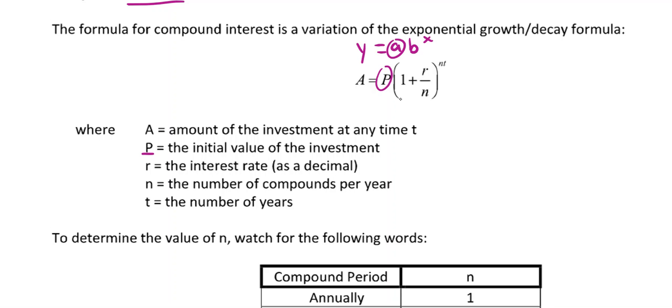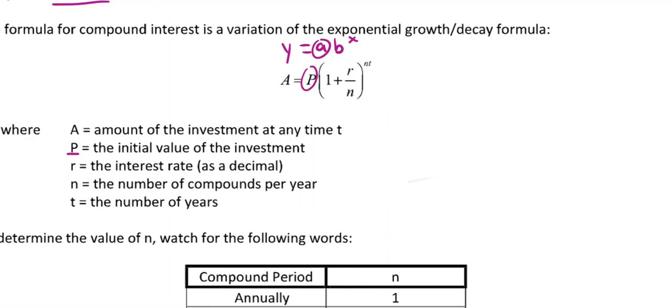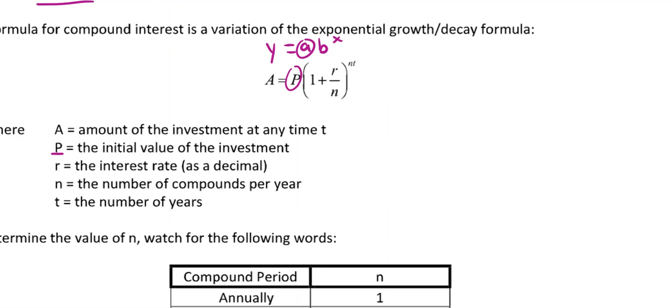Now this part looks confusing, 1 plus r over n, but the r is our investment rate written as a decimal. If you ignore the n for a second, or say that n was equal to 1, then this would be A is equal to P times 1 plus, let's say your interest rate was 5%, that would be 0.05, which would all just be 1.05.